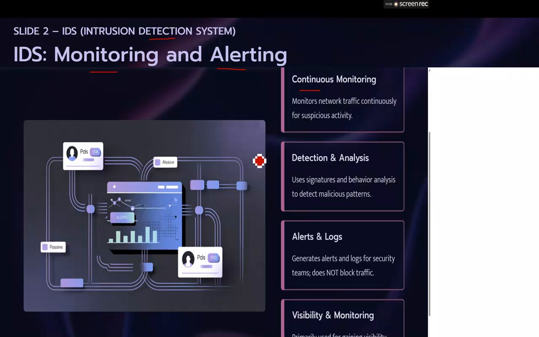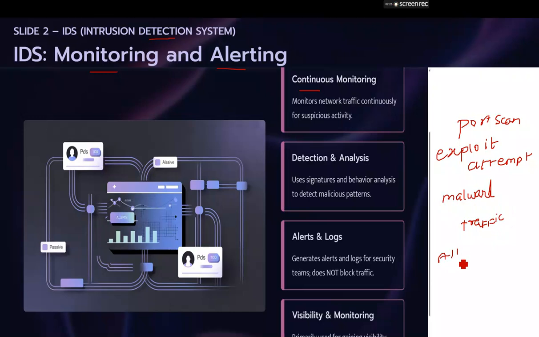When IDS detects abnormal behavior, like a port scan, exploit attempts, or malware traffic, it generates an alert and log.